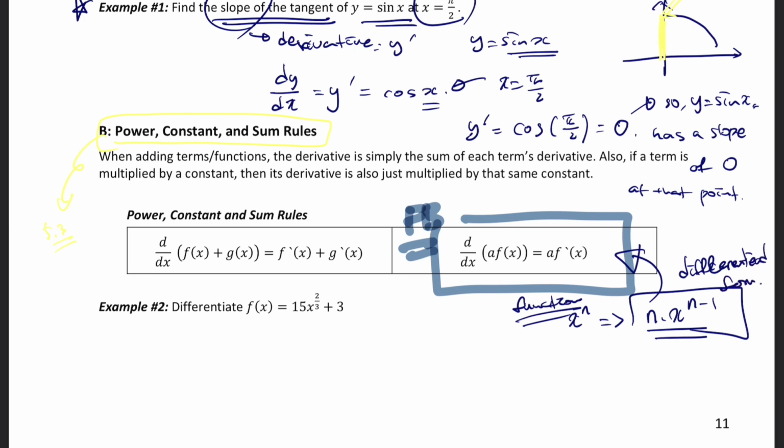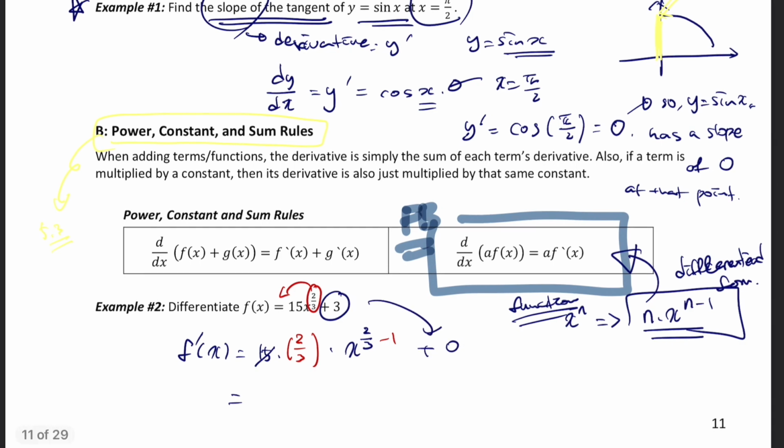Okay, then let's do example number 2. We simply differentiate the function f of x. We take the power up to the front, so it becomes 2 over 3 times x to the power of 2 over 3, and we subtract 1 from the power, and the plus 3 becomes plus 0, so it disappears.